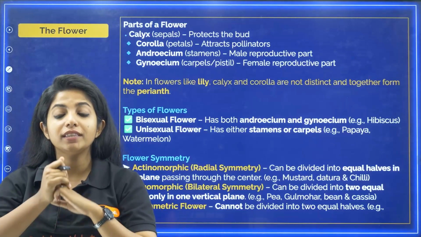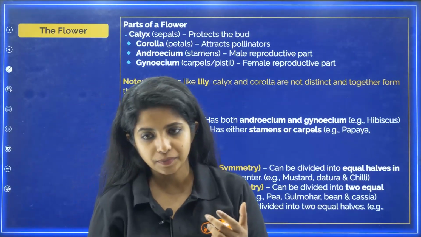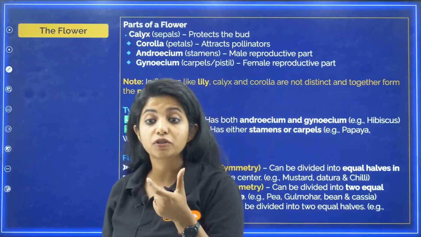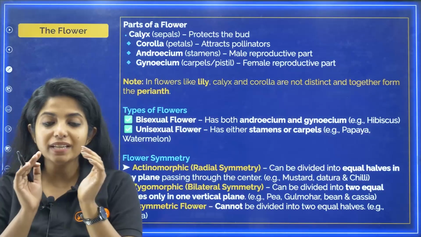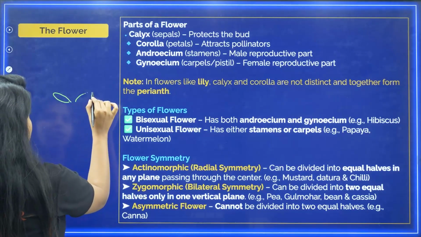Now talking about the flower. So my dear children, the flower has multiple parts. One is the calyx, which you also call sepals, the green part that protects the bud. Then you have the corolla, which are the petals.